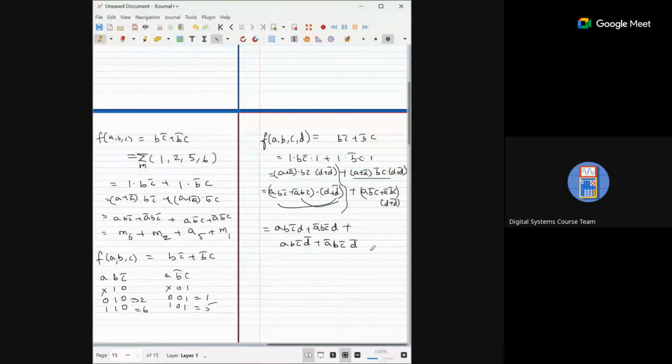Okay, so far okay for the left side. Or with the remaining things, what is the answer we may get? Can anyone unmute and tell? A B bar C D plus A B bar C D bar. This is ANDed with these two things. Is it okay?